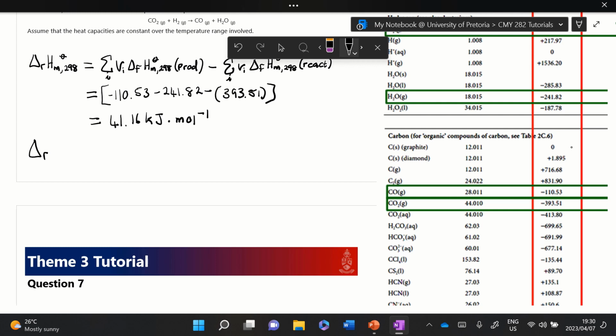So the standard molar entropy of reaction at 298 is going to be the sum over i of the molar entropy values at 298 of the products minus those values of the reactants.